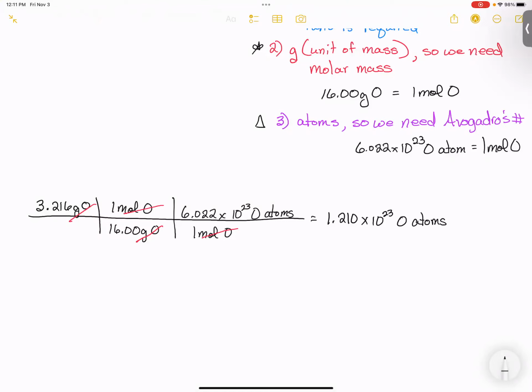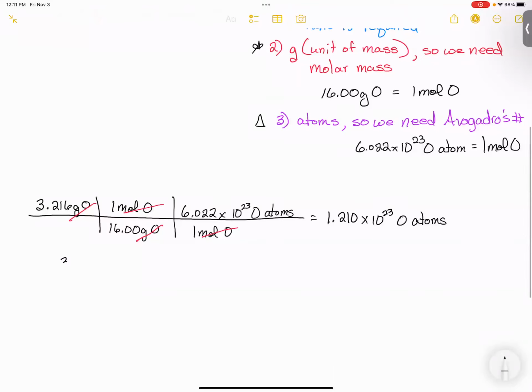Just so you know how I keyed this into the calculator, it would have been 3.216 times 1 technically divided by 16.00 times, and if you're doing it the way most people do it, open parentheses 6.022 times 10 caret 23 close parentheses, technically divide by 1, and that should give you your answer.